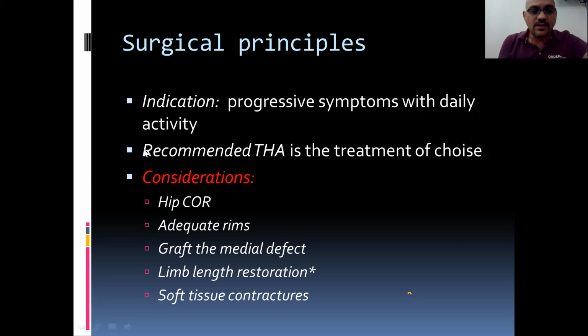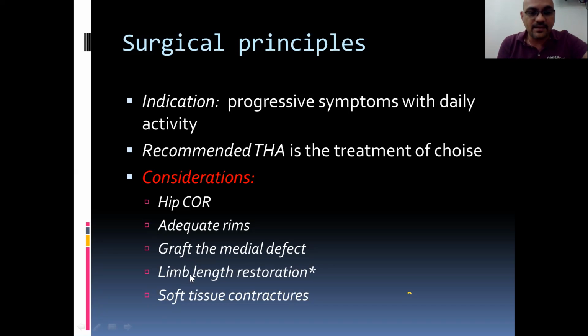The acetabular cup rims must be adequately intact, otherwise you may lose the adequacy of the rims and attachment of the cup. The medial wall you can leave and put in a graft, and you will see how we do grafting for the medial side.